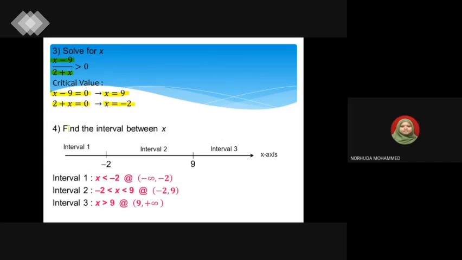And step number 4, find the interval. It is easier to use brackets. Interval 1 is negative infinity to negative 2, interval 2 is negative 2 to 9, and interval 3 is 9 to positive infinity.